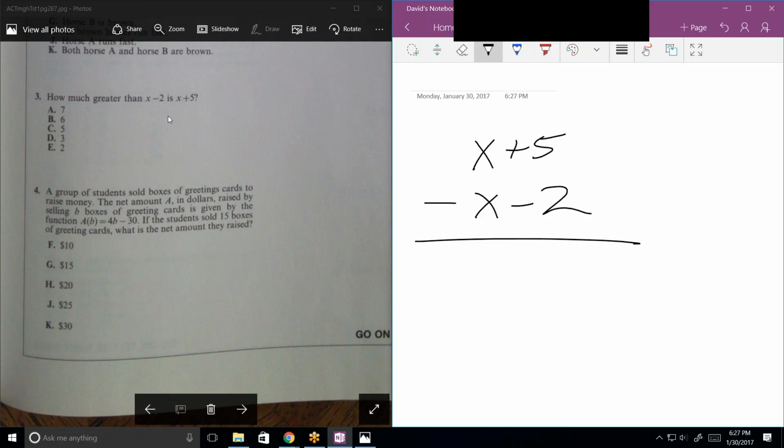But it matters which one comes first. If I do x minus 2 minus x plus 5, I'm going to get 3 as an answer. So it's important that you put the right thing on top and the right thing on bottom. If I say how much greater than 4 is 7, then you do 7 minus 4. You don't do 4 minus 7.